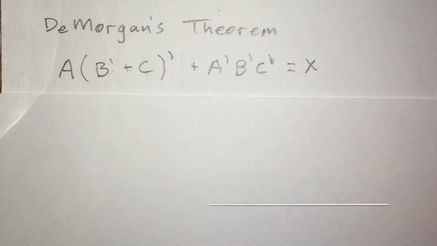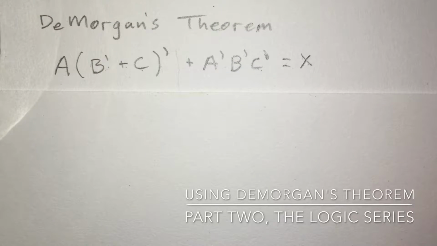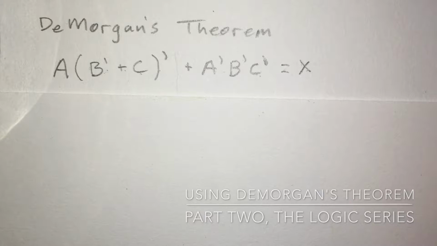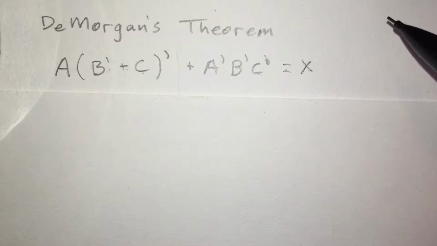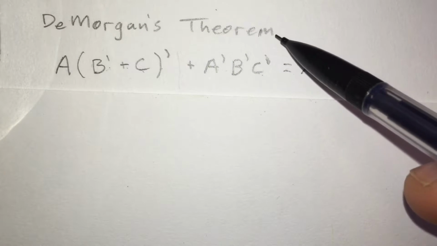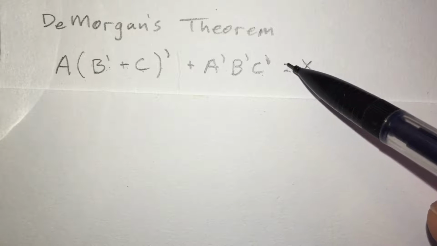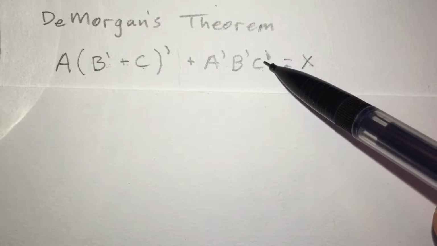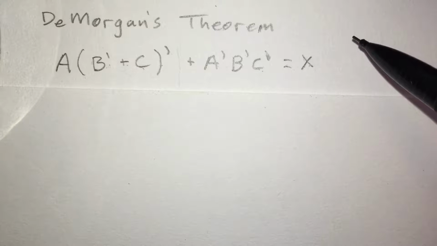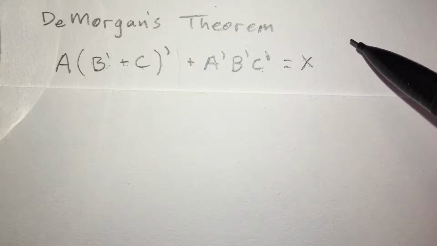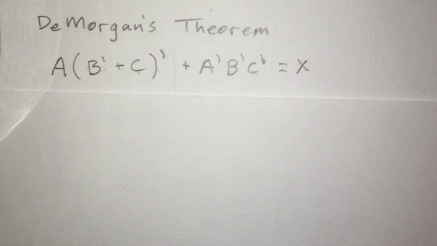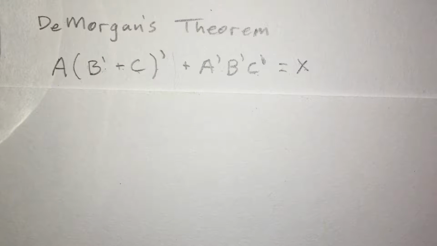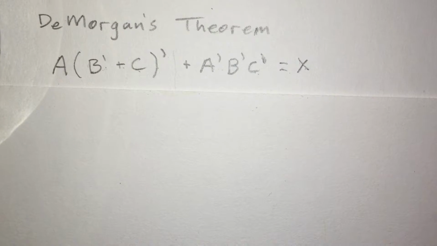The more interesting concepts you're going to encounter in computer science is DeMorgan's theorem. It is essentially a way of reducing or simplifying a series of terms that would otherwise yield a very complex circuit requirement.